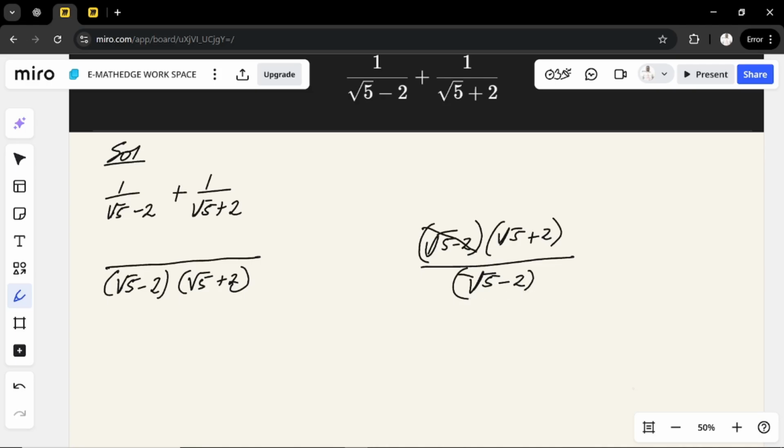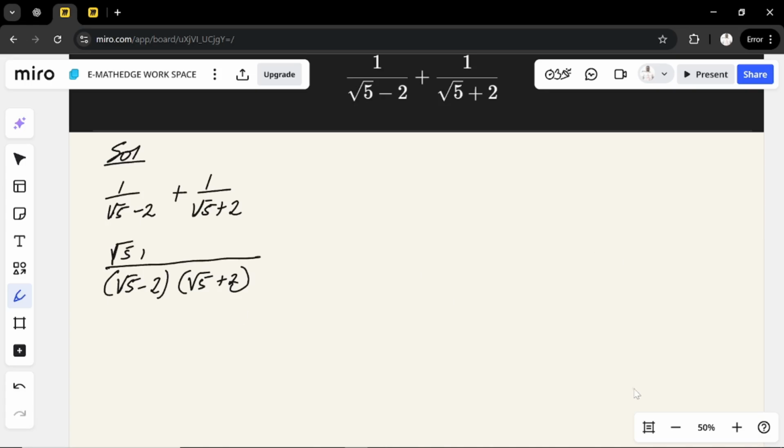This can go with this, so we will be left with the root of 5 plus 2. That is why I told you the lowest common multiple dividing the denominator will give us the root of 5 plus 2. So the root of 5 plus 2, right?